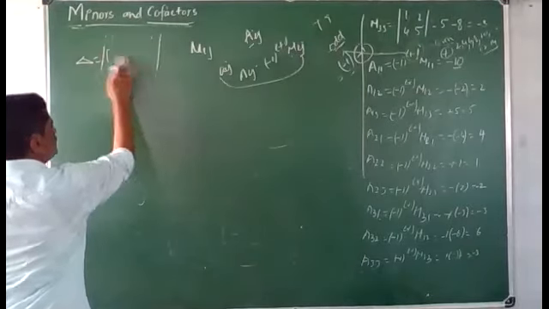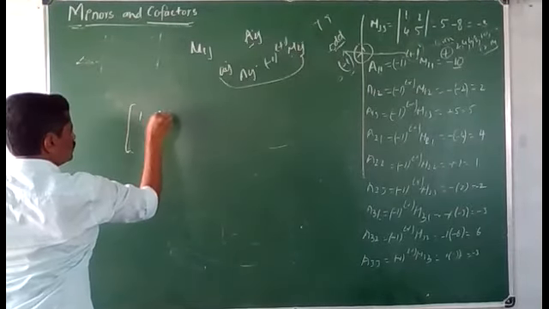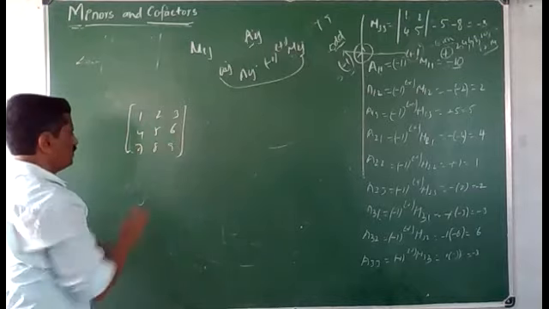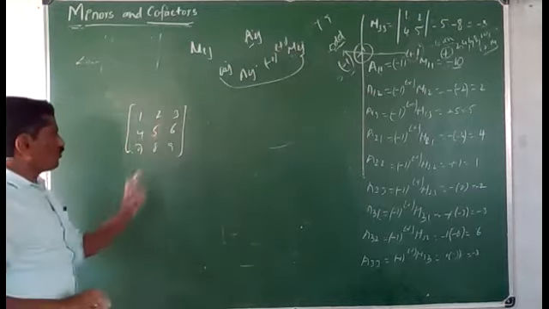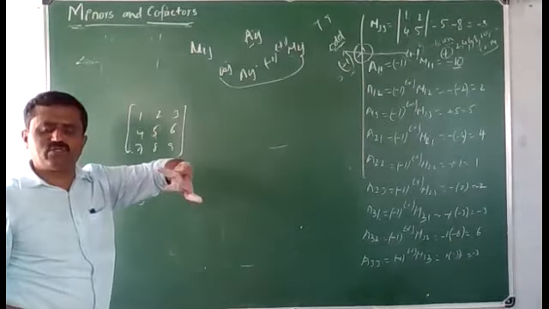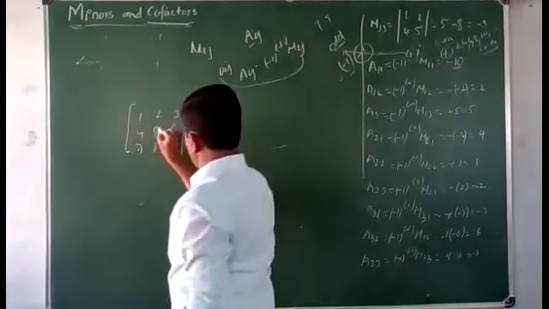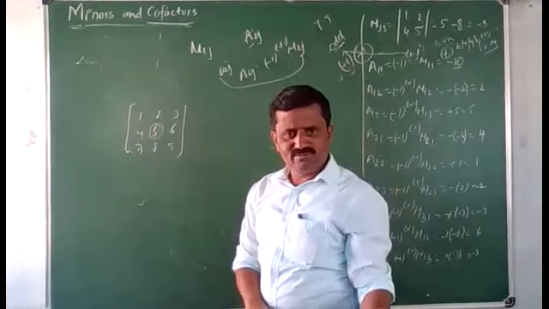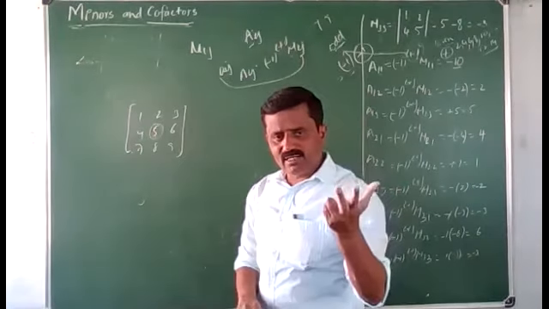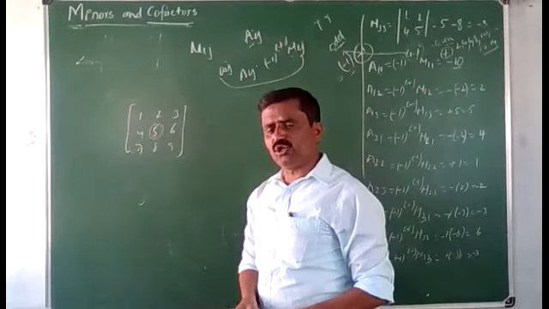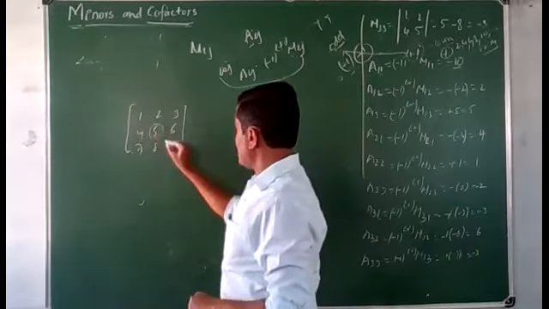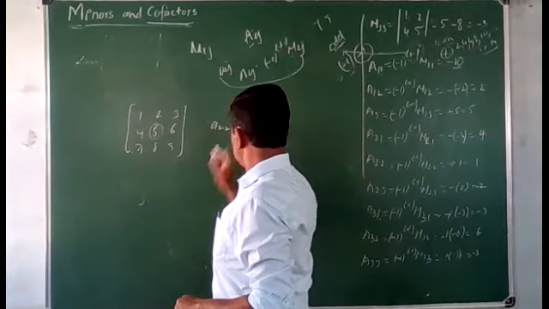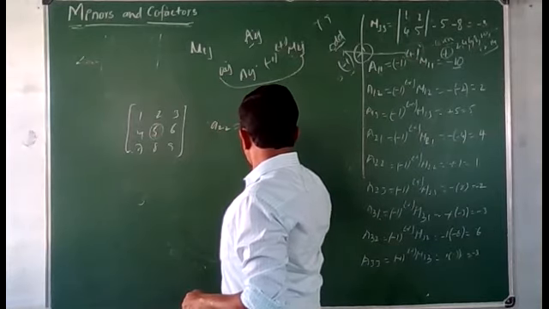We'll consider the matrix 1 2 3, 4 5 6, 7 8 9. Then we'll find the cofactor of two elements. How do we find the cofactor of the element 5? I'll directly write the cofactor. The cofactor of a22 is capital A22.